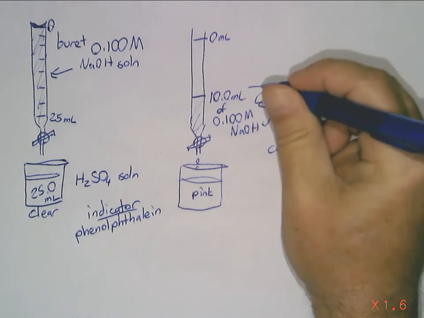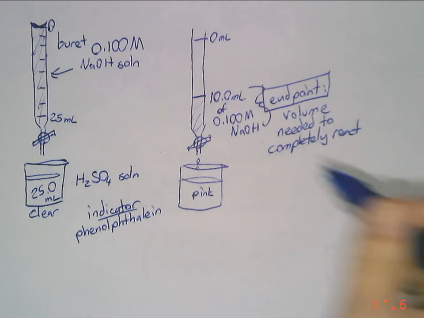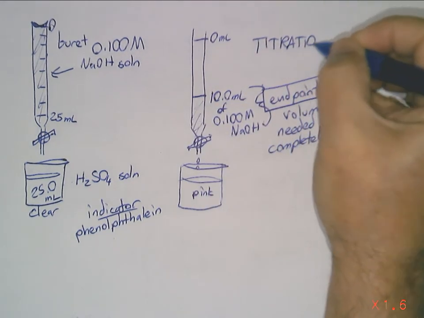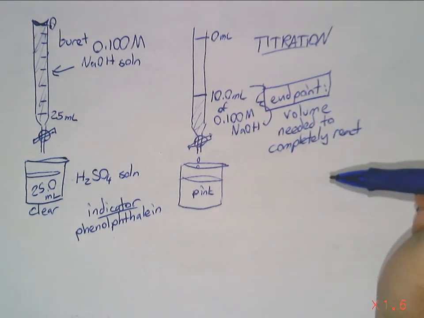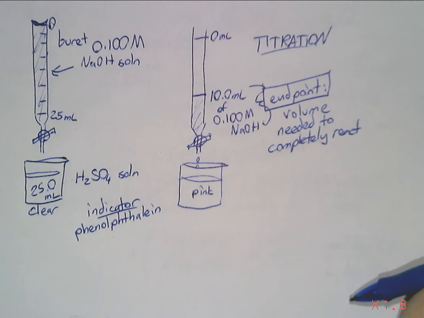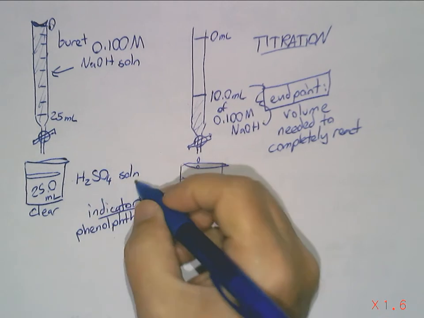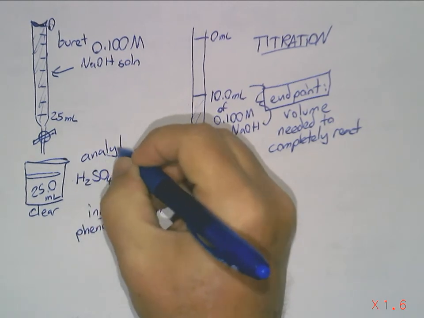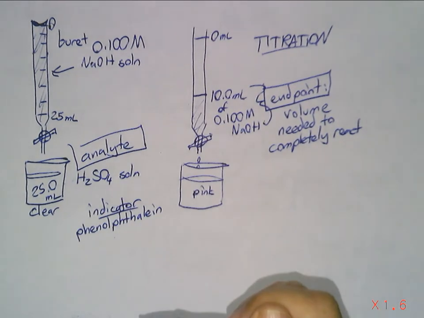So here's a vocabulary word that I want you to know. They'll say the end point in the titration, and this whole thing is called a titration. This whole experiment that we're doing here. The end point is the volume of the stuff in the burette that you needed to complete the reaction. Another vocabulary word is the stuff that we're analyzing for is called the analyte. It is the stuff that we're trying to find the molarity of.